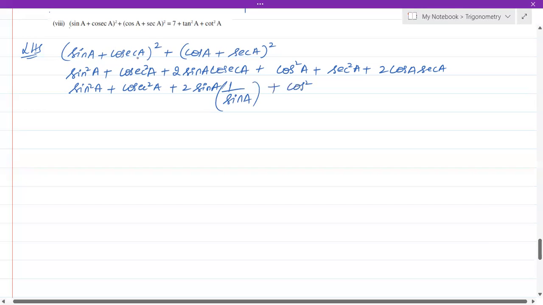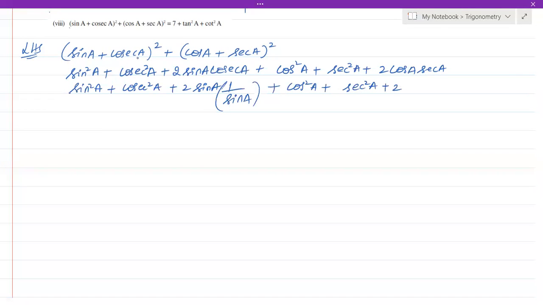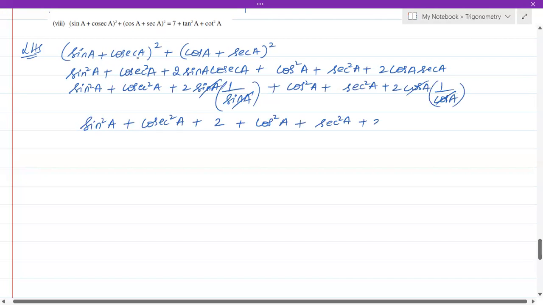So again, cos² A plus secant² A plus 2 cos A. Secant A will be 1 by cos A. Now, as you can see, sine and sine get cancelled. Cos and cos get cancelled. So what is left out? Sine² A plus cosecant² A plus 2 into 1, that is 2, plus cos² A plus secant² A plus 2 into 1, that is 2.